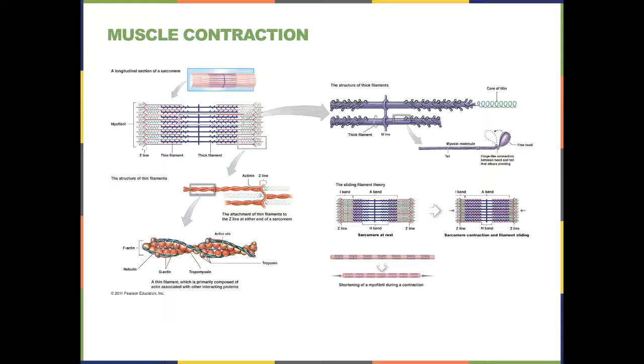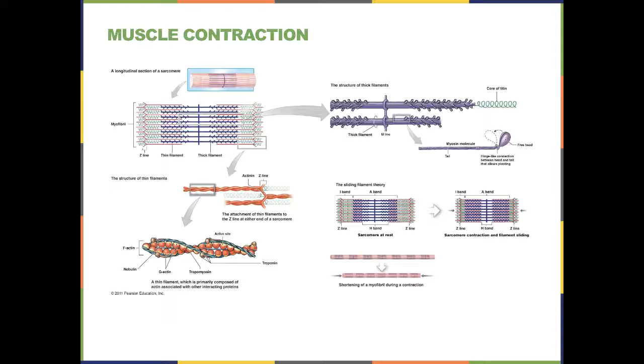And this is primarily because the size of the H-band decreases. At the same time, you'll notice that the A-band remains unchanged and the I-band also becomes shorter. So during a contraction, the I-band and the H-band become smaller.